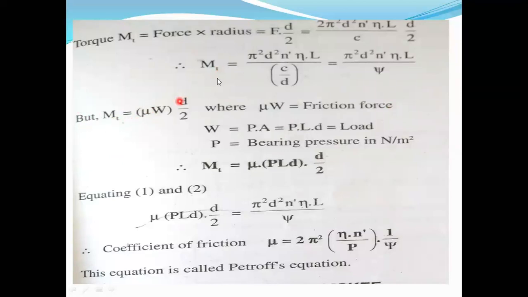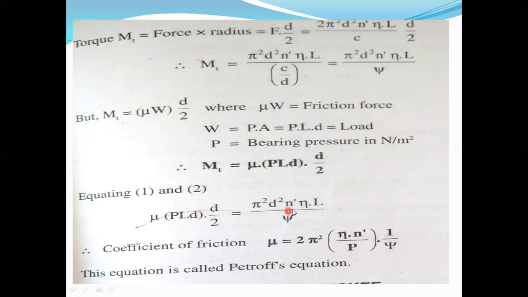Now simplify these two equations. This is equation number 1 and this is equation number 2. So writing equations 1 and 2, if you simplify, finally we will get mu, the coefficient of friction, equal to 2 pi square eta n dash divided by p into 1 divided by xi, cross multiplying.